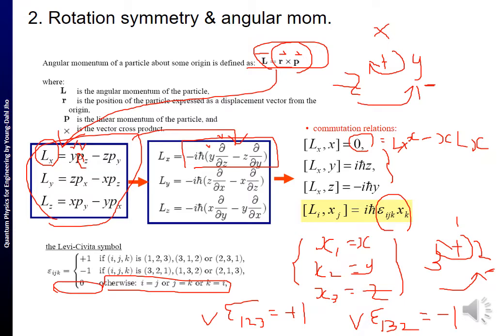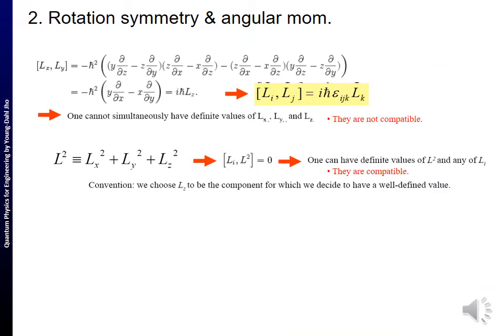Rotate this way, it is positive. Z first, y next, then it is negative. Then you have a negative sign. That is applied to 3 different components. Anyway, you have learned this kind of representation in undergraduate class.